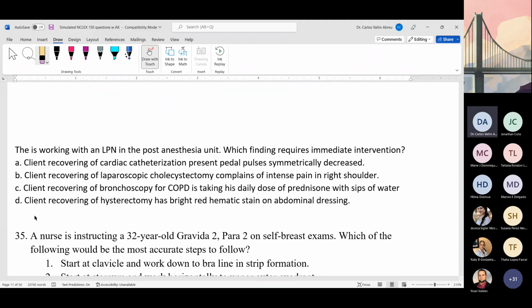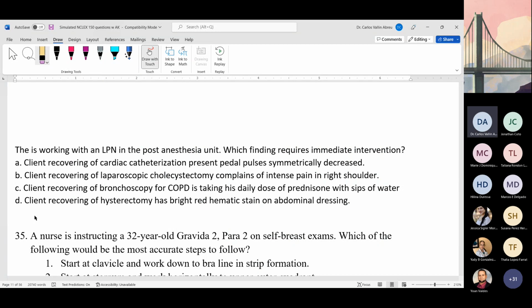The RN is working with an LPN in the post anesthesia unit. Which finding requires immediate intervention? A, client recovering from cardiac catheterization presents with pedal pulses symmetrically decreased. B, client recovering from laparoscopic cholecystectomy complains of intense pain in the right shoulder.